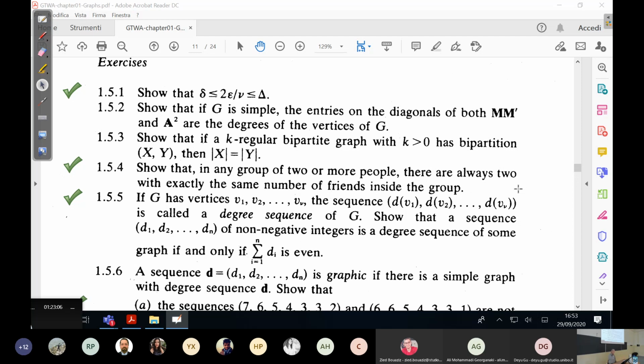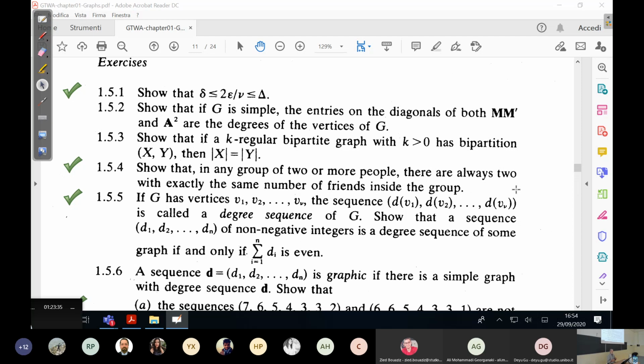Now, look, our graph is simple, okay? And I can take as a domain the vertex set of the graph, and as codomain I take the possible degrees that you have a priori, meaning if you don't know anything about the graph itself.